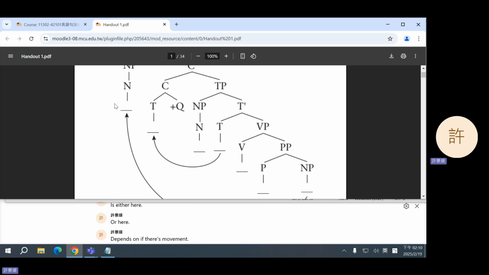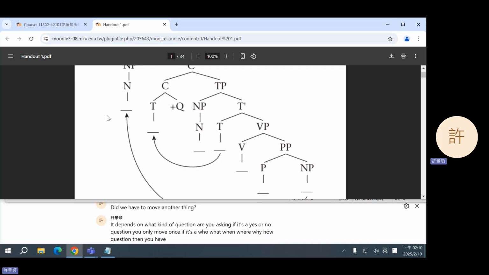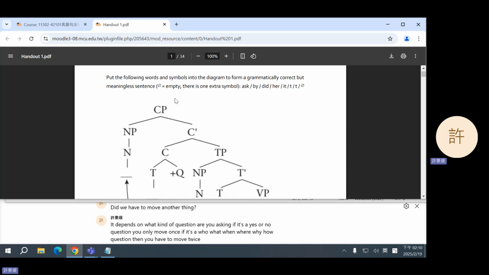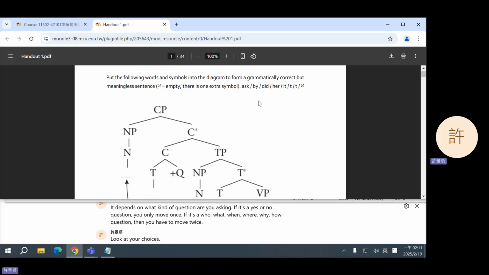So now we come to the key question. Is there movement? Did we have to move another thing? It depends on what kind of question you are asking. If it's a yes or no question, you only move once. If it's a who, what, when, where, why, how question, then you have to move twice. Look at your choices. What kind of question is this?